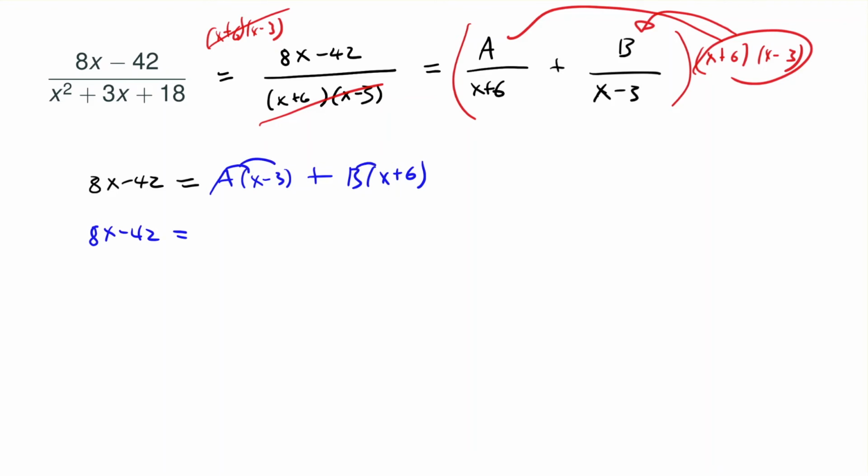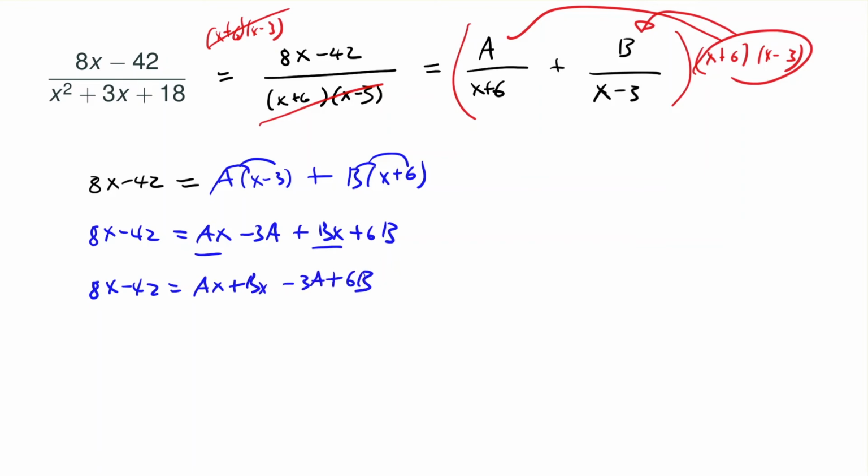Distribute a, distribute b. We have ax minus 3a plus bx plus 6b. 8x minus 42 equals, let's put the x's together. So ax plus bx minus 3a plus 6b. So what this tells us is that ax plus bx must give us 8x.